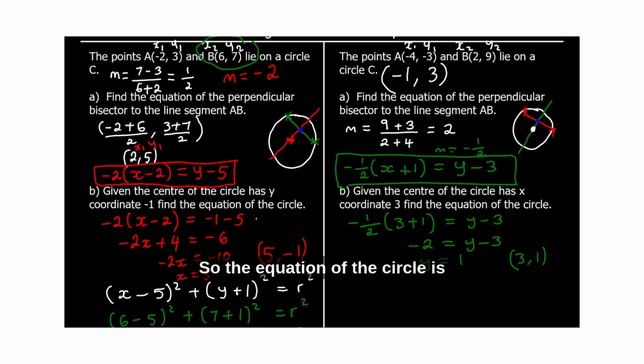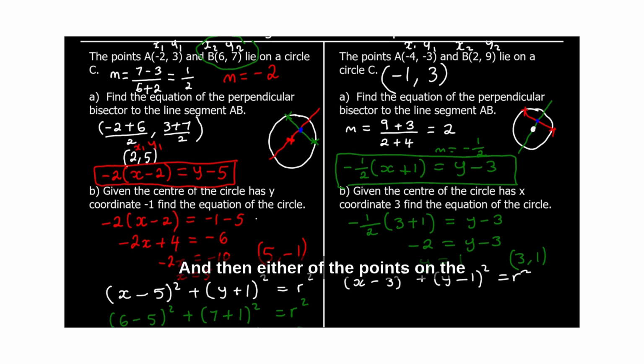So the equation of the circle is x minus 3 squared plus y minus 1 squared equals the radius squared. And then either of the points on the circle, so we can use 2, 9 or negative 4, negative 3.